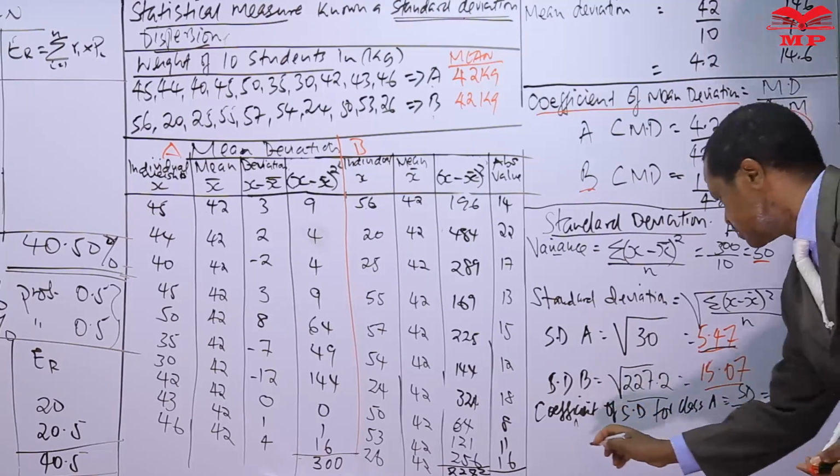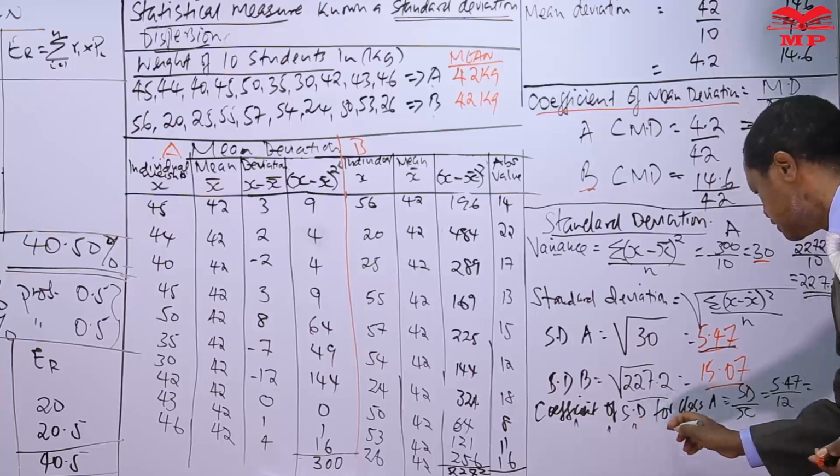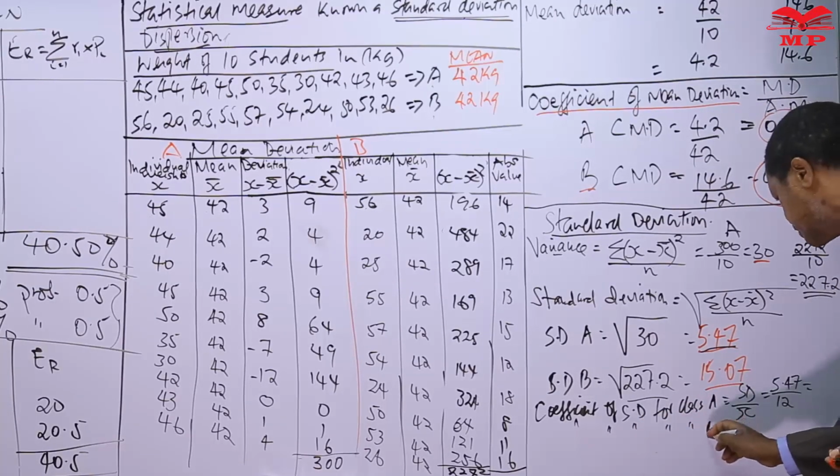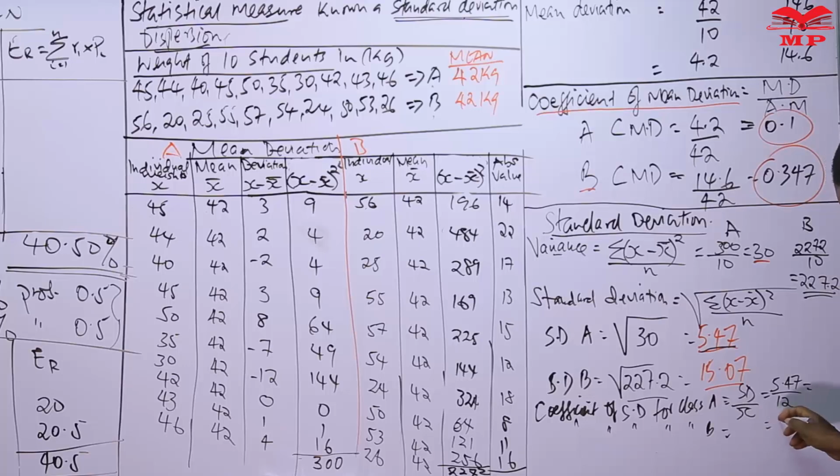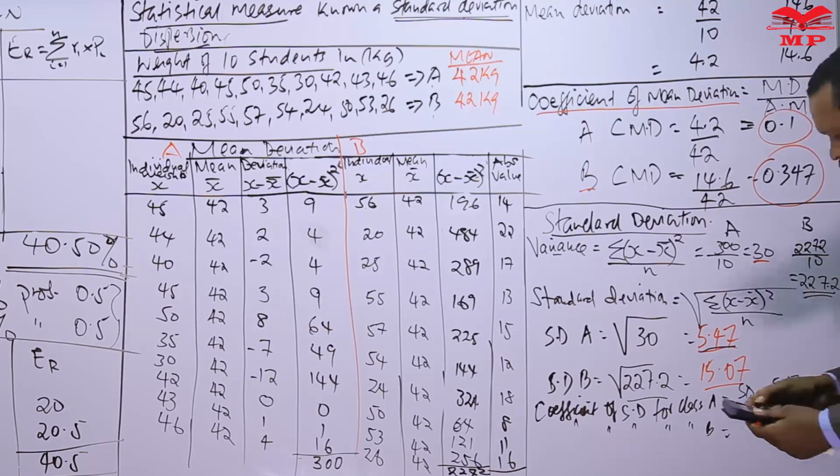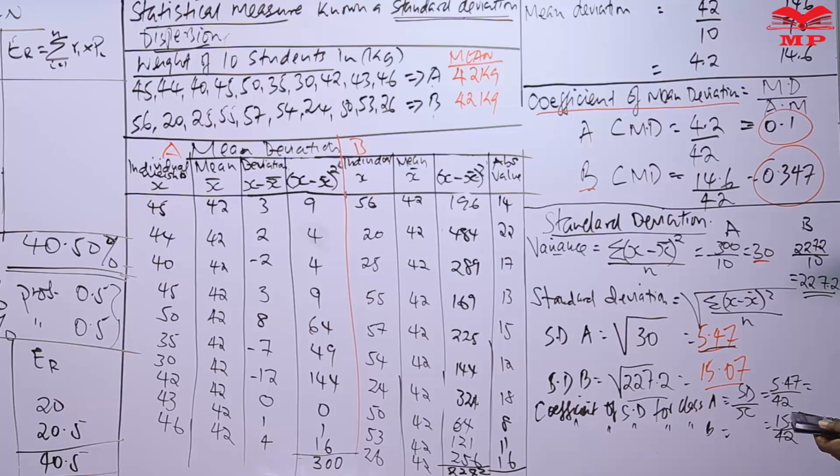Then the coefficient of standard deviation for class B will be equal to 15.07 divided by 42. It's not 12 but 42. The mean is 42. Taking the calculator, 5.47 divided by 12 is equal to 0.46.